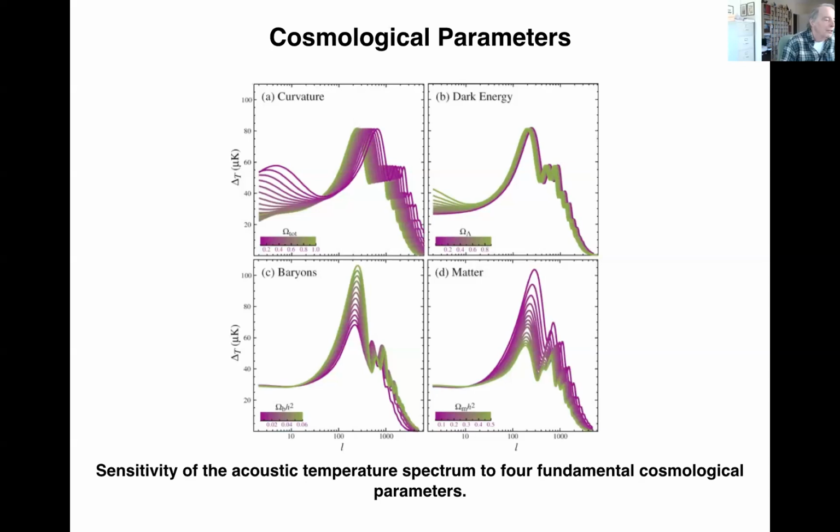And at the bottom, you'll see somewhere in this fitting is the Hubble constant, this omega b h squared. Omega b is a measure of the baryon fraction in the universe, but the h squared is the Hubble constant in units of 100 kilometers per second per megaparsec. It's the fraction of the actual Hubble constant to 100 kilometers per second per megaparsec.